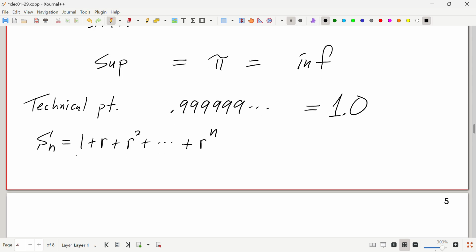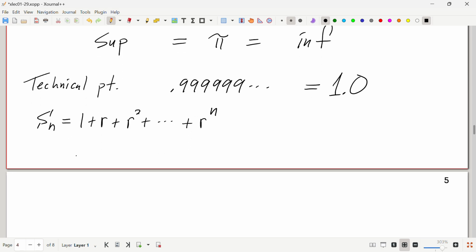And you learned somewhere probably that if I multiply that geometric series by r, it looks very similar. The 1 times r I'll put over here. The r times r I'll put here. The last one would be r times r to the n. That would be r to the n plus 1.